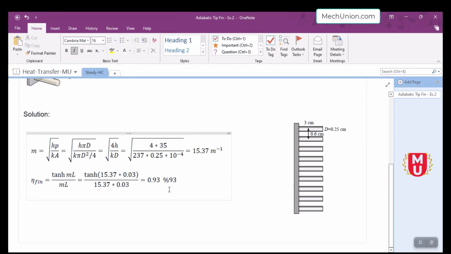The number of fins, the finned and unfinned surface areas, and the heat transfer rates from those areas are the following.